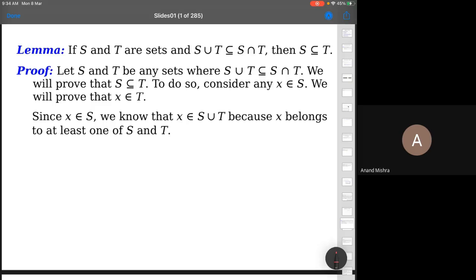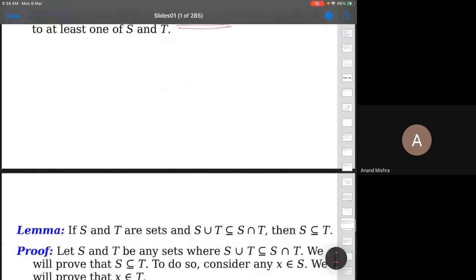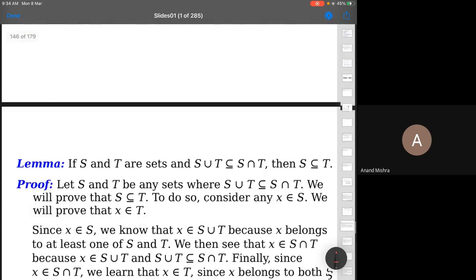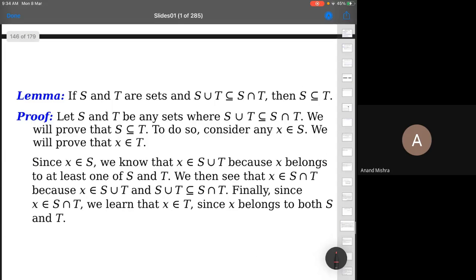Since X belongs to S, we know that X also belongs to S union T, because X has to belong to at least one of them, right? And if X belongs to S union T, since S union T is a subset of S intersection T, X also has to belong to S intersection T. And since it belongs to S intersection T, that means it belongs to S as well as T. That means it belongs to T, and that's what we have to prove.